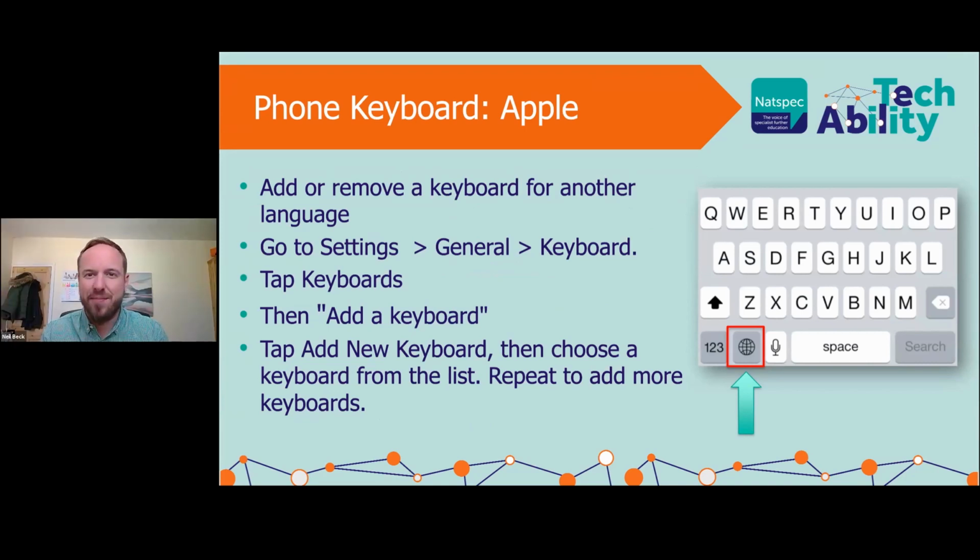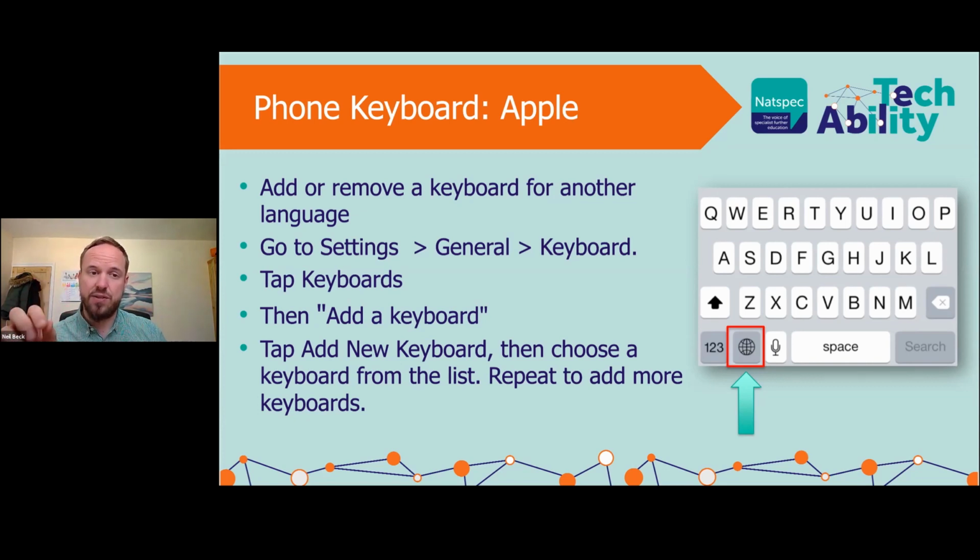Great, thanks. So for the keyboard, something that not everyone knows is that you can change the default keyboard. This is the one that's in any program when you type. So whether you go into Notes or email, any program where you type in text, you can change the keyboard. If you check on your iPhone now, you might see the little world symbol there, just between the numeric and the microphone symbol and spacebar.